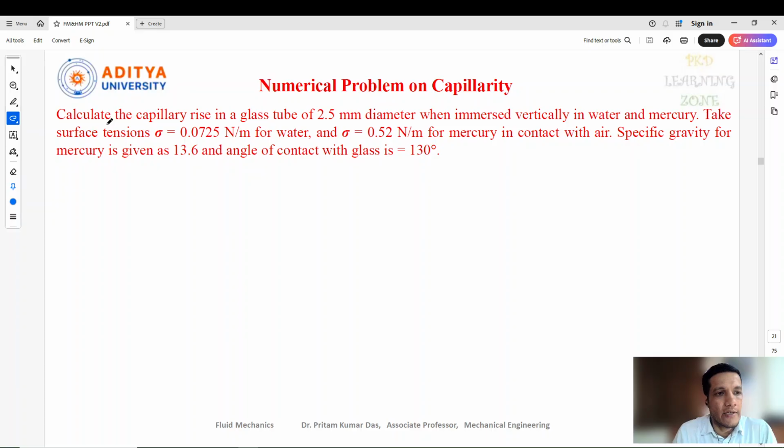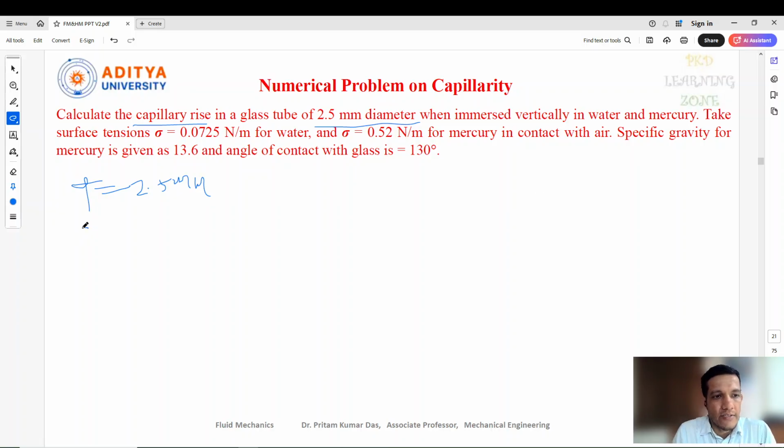The question here is: calculate the capillary rise in a glass tube of 2.5 millimeter diameter. So the first data given is the diameter, 2.5 millimeter, when it is immersed vertically in water and mercury.